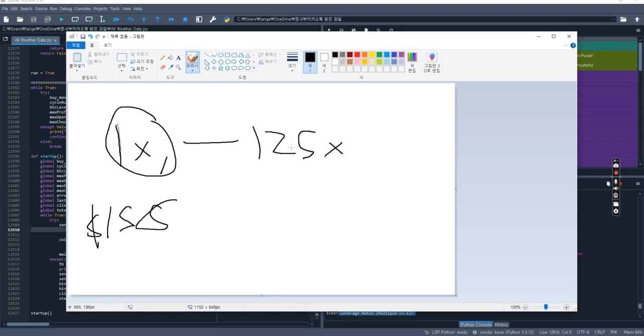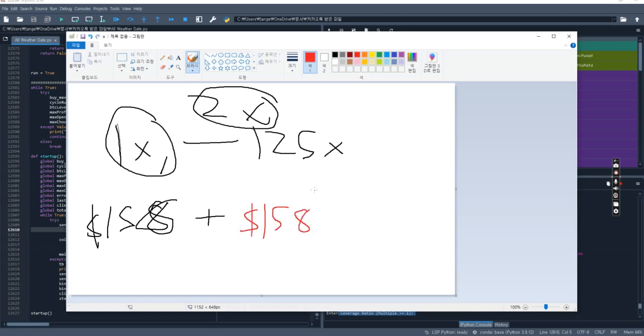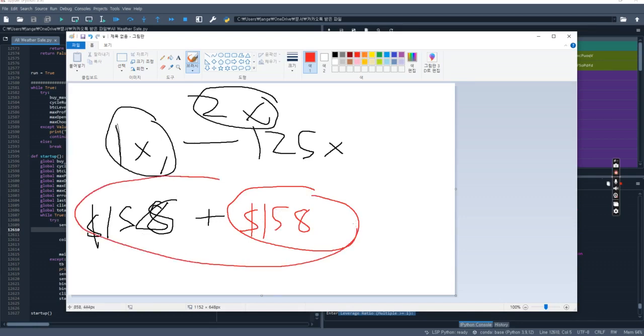Let's say you use maybe 2 times leverage, then you would be borrowing an additional $158 from Binance, because you're doubling up your money. And how this works is they give you this 158, and so you have a total amount in your account that you can trade.